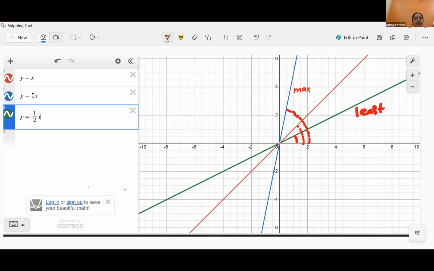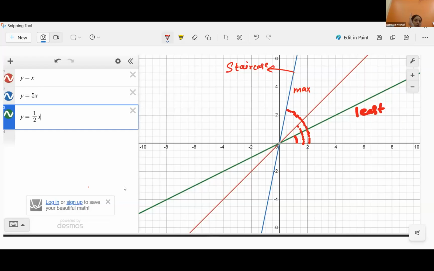Another way to identify is to see the steepness of the line. Just treat it like a staircase. So green one is a staircase, red one is a staircase, and blue one is a staircase. Can you see the most dangerous staircase is the blue one? Yes, ma'am.